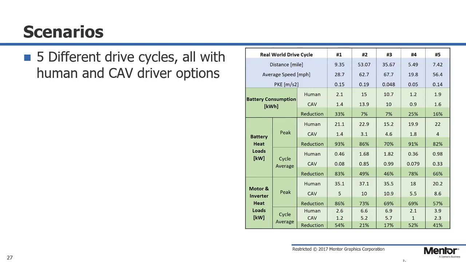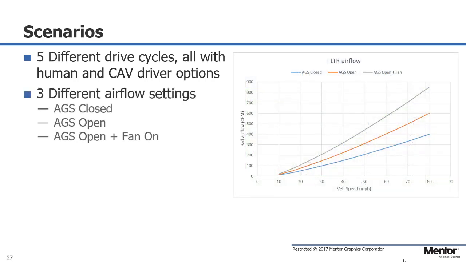So the scenarios that we're going to look at are basically the 5 that Sudhi just finished talking about. For each of those drive cycles, we obviously had a human driver option and an autonomous vehicle driver option. We're going to look at 3 different airflow settings. The first is with the AGS closed. This is going to deliver the lowest flow rate of our 3 options.